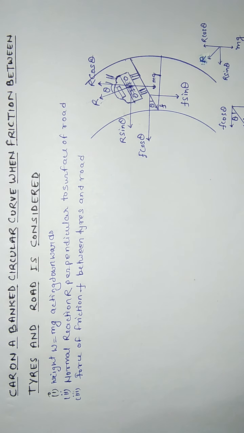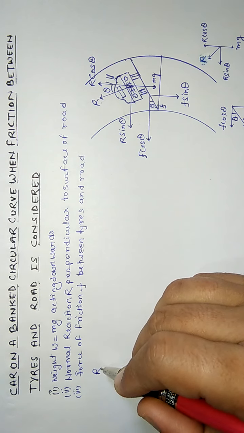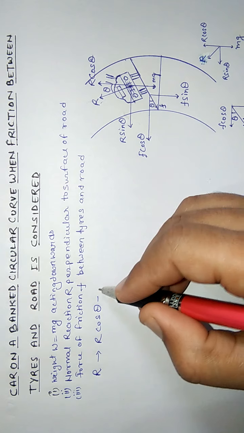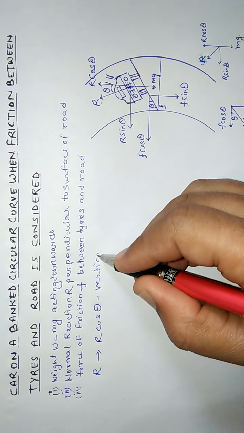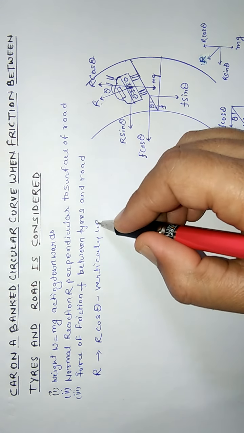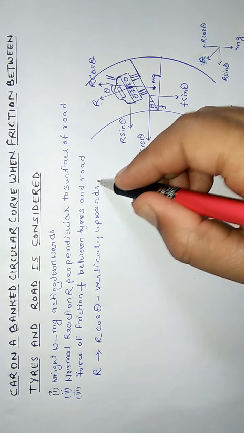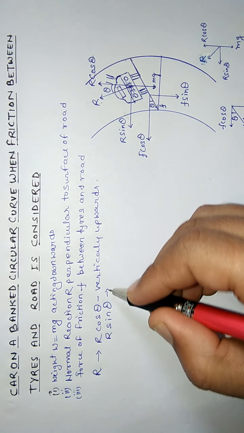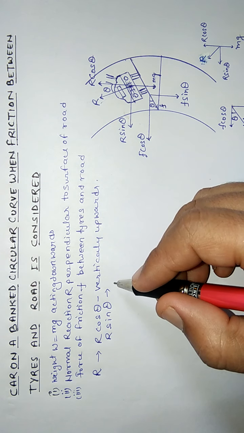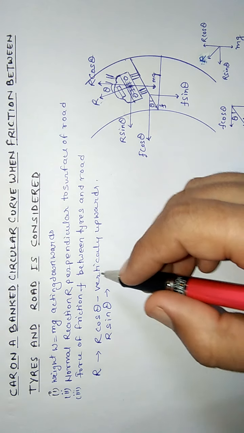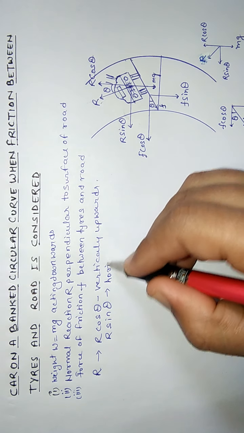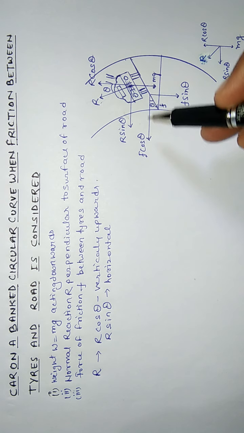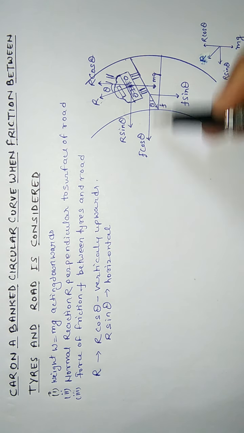So R can be resolved into R cos theta, which is vertically upwards, and R sin theta, which is acting along the horizontal towards the center of the curved path.